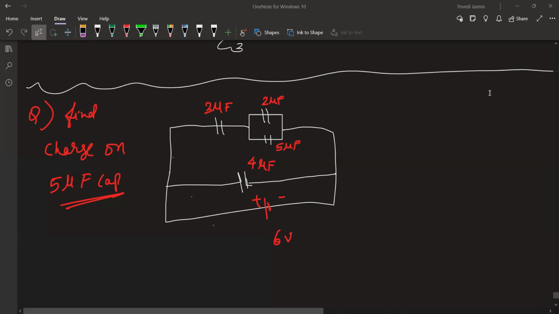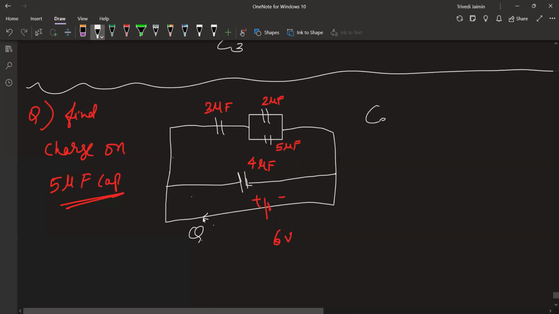Okay, then what you will do, Adisha? Any idea how will you proceed? We got the C equivalent, sir. Fine. Q equals CV, sir. Yeah, you will find Q there. But that Q will be for the total. Okay. This Q you will find. Then what you will do? Okay, let's do it step by step. Tell me each value, so I'll write here.